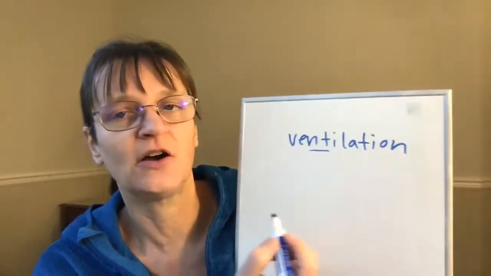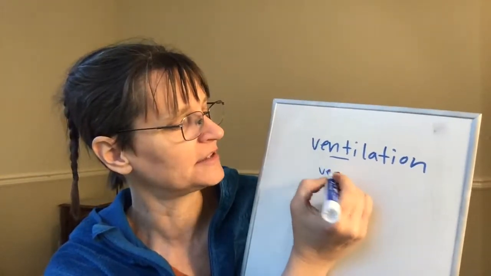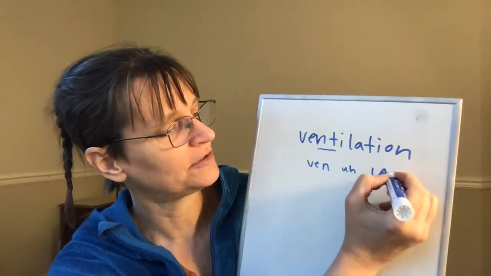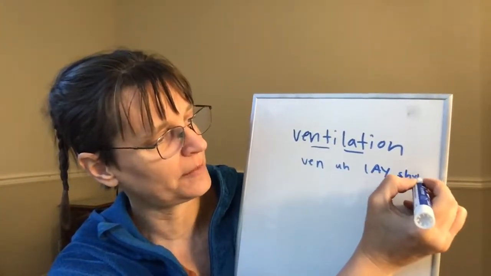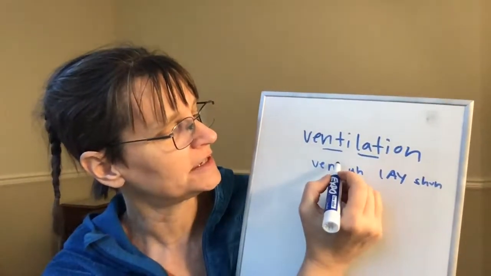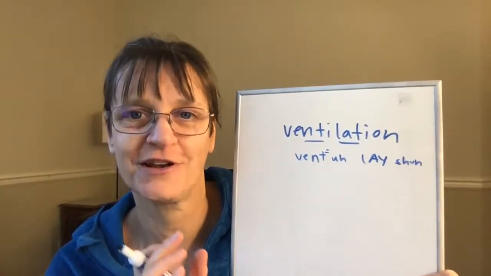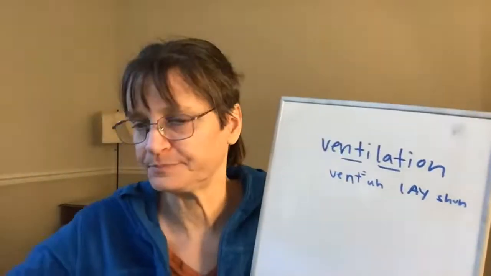So that NT often in American English gets reduced to more of an N, and it sounds like ven. Lay, stress on the lay, ventilation. And then my typical TION ending. So I can either do a light T, aspirated, or ventilation, either one.